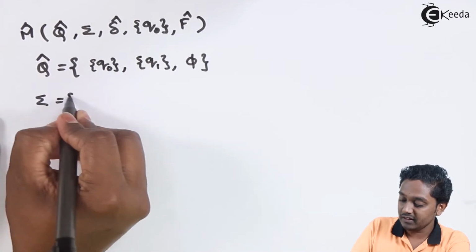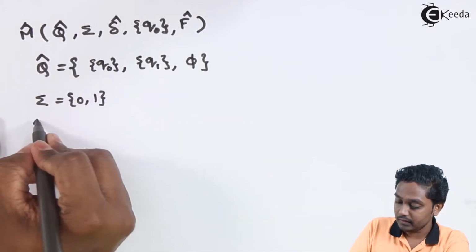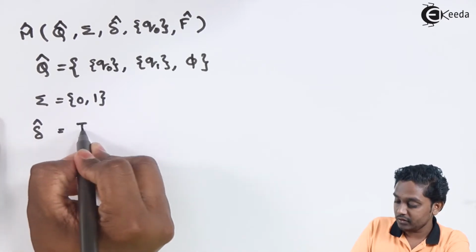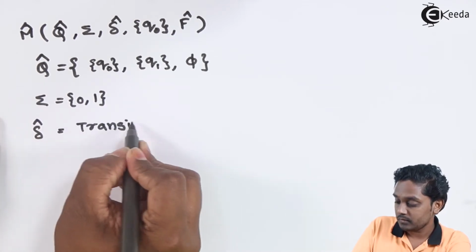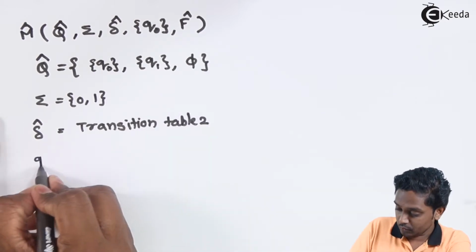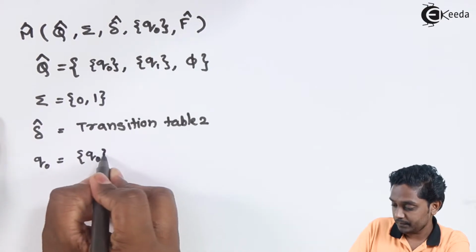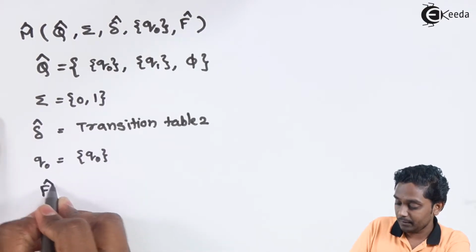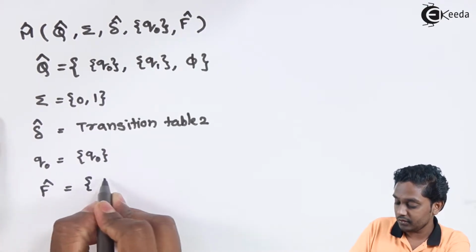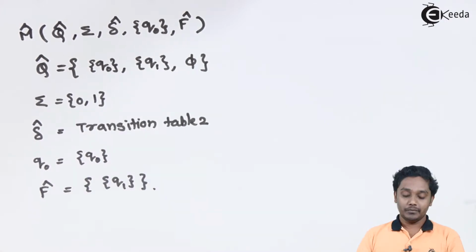Sigma is again 0 and 1. Delta is transition table 2. Q naught is the initial state which is here Q0 and F cap has just Q1. With this, we are done with our first example of converting NFA to a DFA.